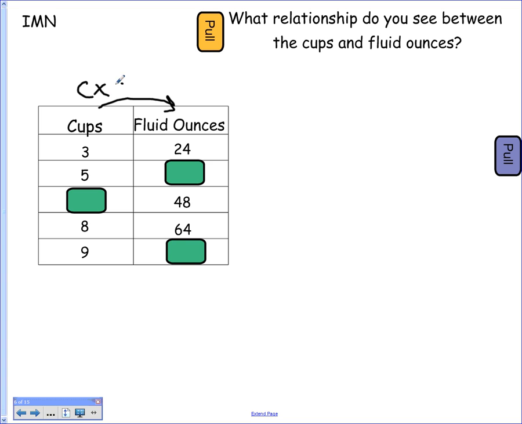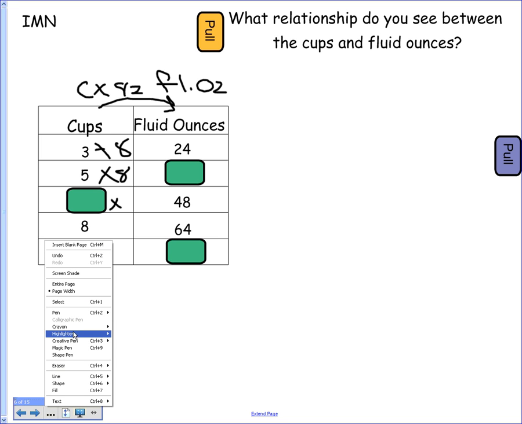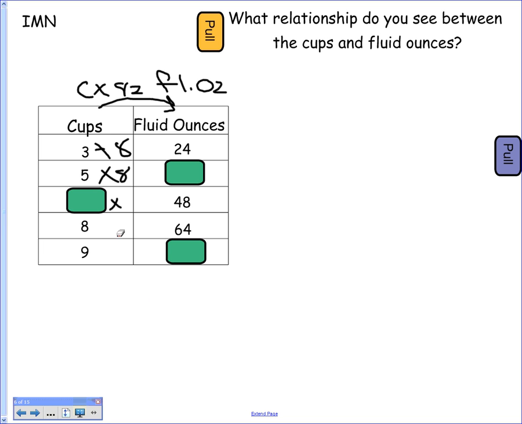Cups times 8 equals fluid ounces. Okay, so times 8. So 5 times 8 is 40, 9 times 8 is 72.